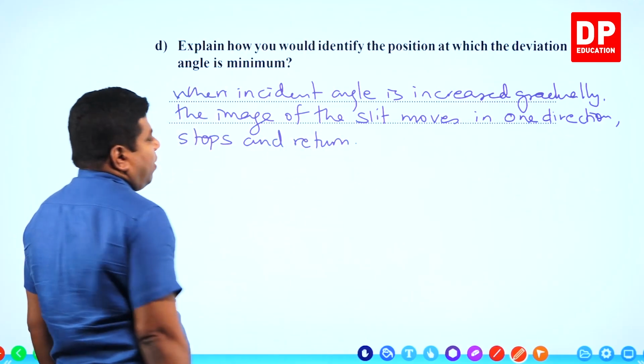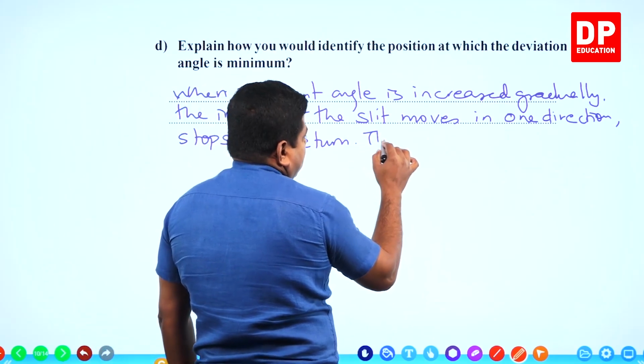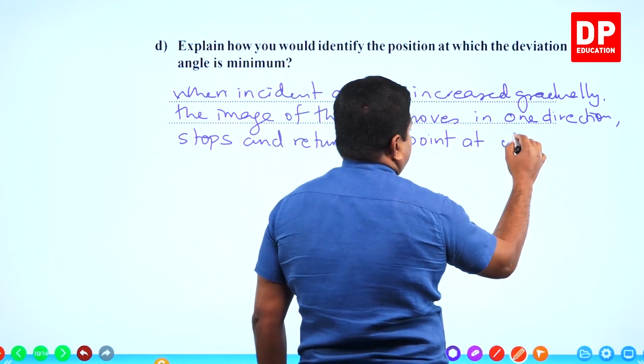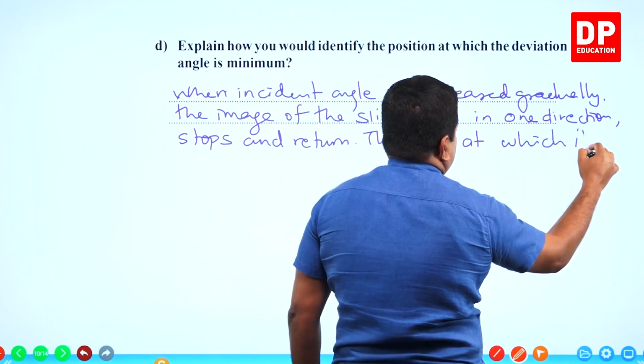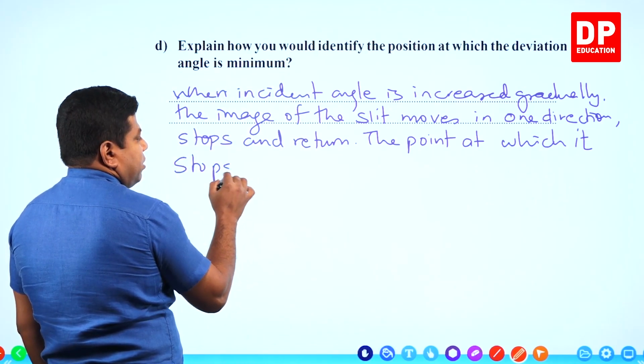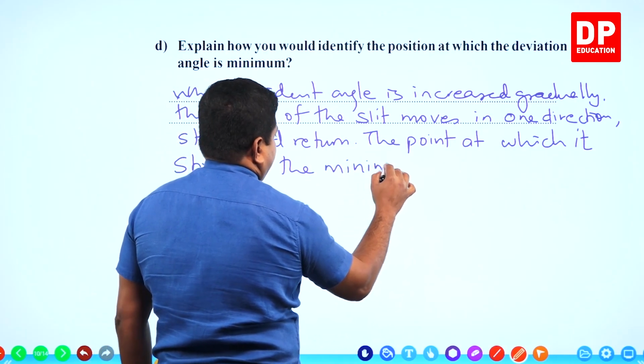Or you can say stops and moves in the opposite direction. The point at which it stops is the minimum deviation point.